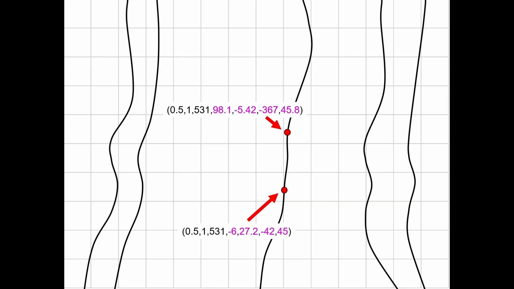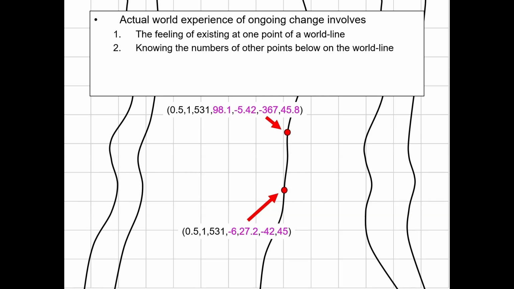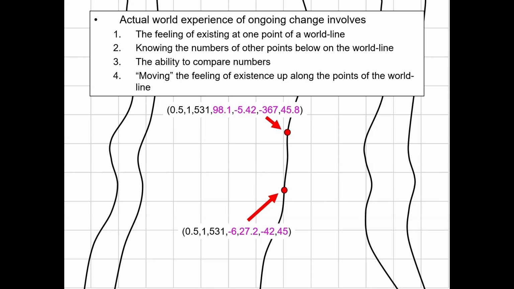So in order to transfer this interpretation that we just did from our outside perspective to the inside perspective, we can try and see the way we described the change from our outside perspective, and notice that actual world experience of ongoing change involves the feeling of existing at one point of a world line, knowing the numbers of other points below us on the world line, the ability to compare numbers, and finally moving the feeling of existence up along the points of the world line.